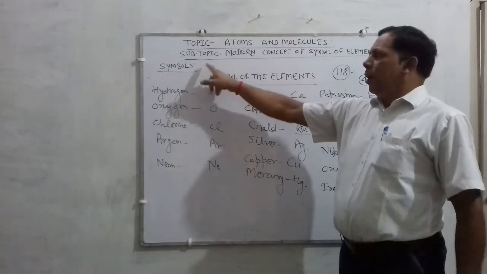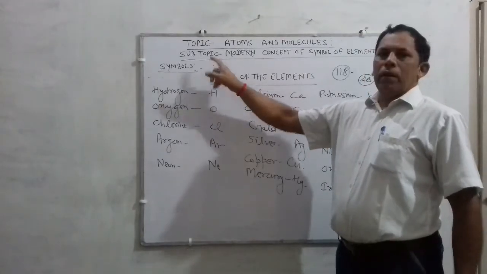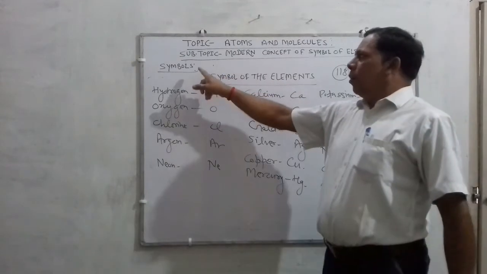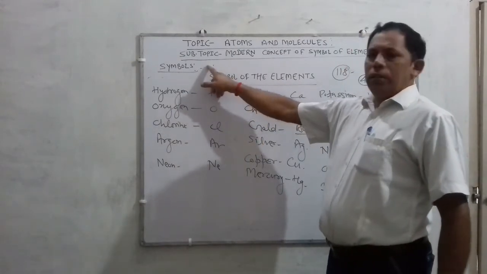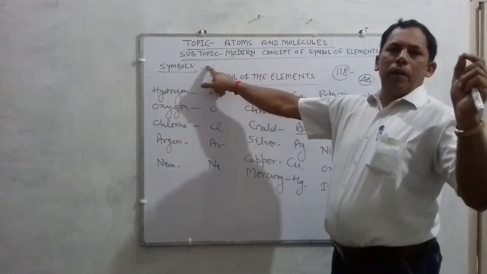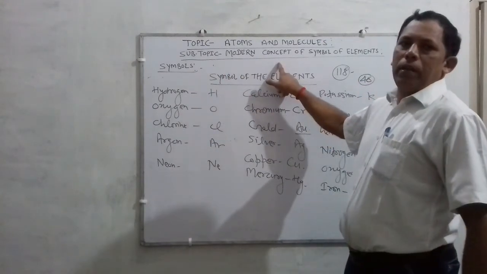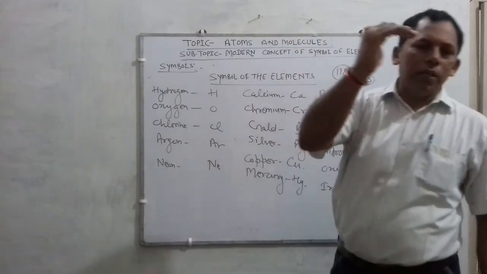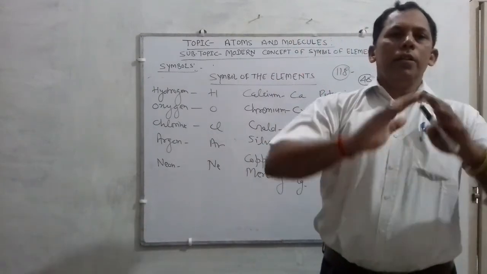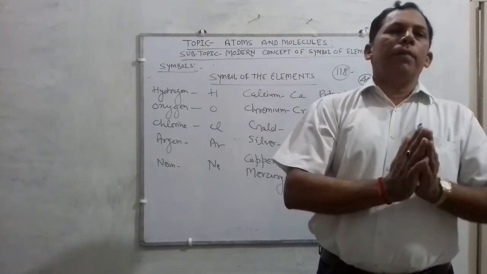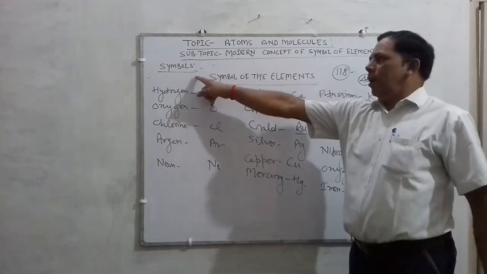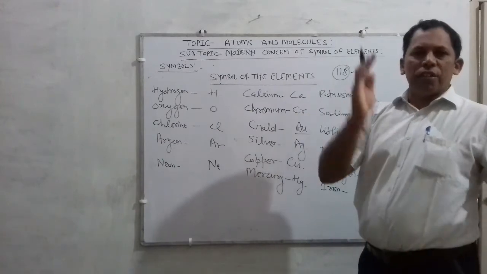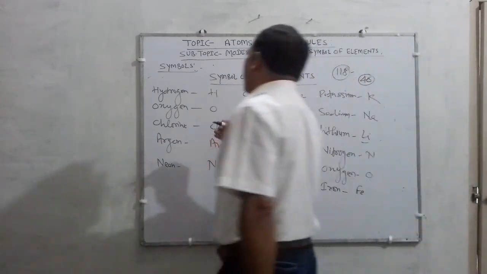The first and main application of the symbol of an element is that a particular symbol represents a particular element. The second application of this symbol is that it is used in the construction of the chemical formula of a compound.